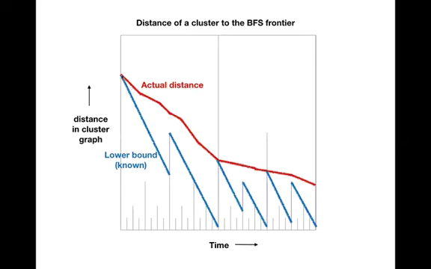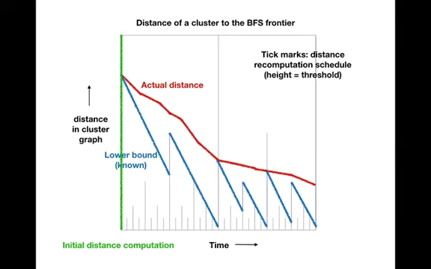So this blue curve here represents a lower bound on the actual distance in the cluster graph, and that decreases by something like polylog n over r each time step. Okay, so you sleep for a while. Initially your lower bound is the actual distance, but as time goes on, your lower bound is decreasing, but you keep sleeping.